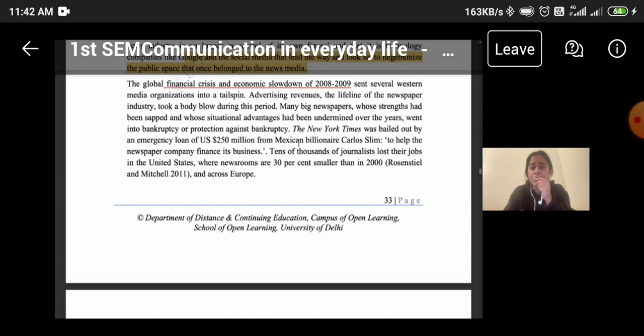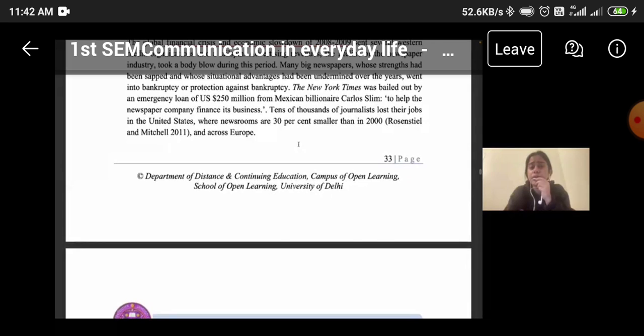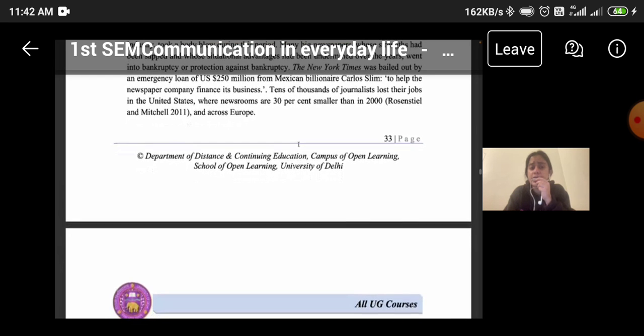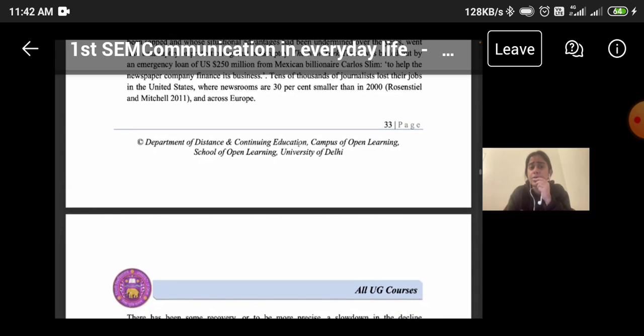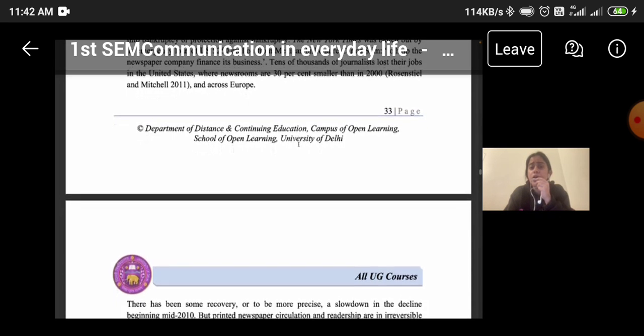Many newspapers whose strength had been sapped and whose situational advantages had been undermined over the years went into bankruptcy or protection against bankruptcy. The New York Times was bailed out by an emergency loan of US $250 million from Mexican billionaire Carlos Slim to help the newspaper company finance its business.